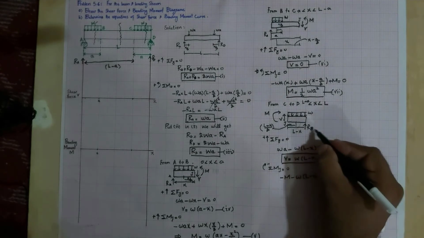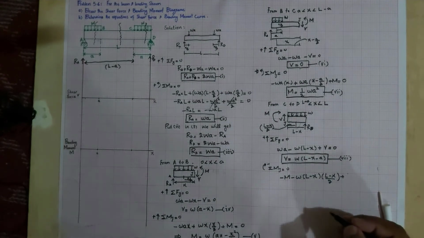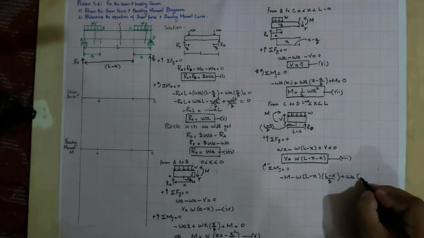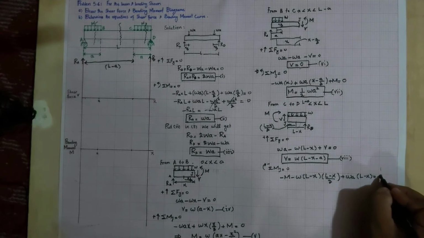Plus this RD force, which is producing a counterclockwise rotation. RD is equal to WA and the perpendicular distance is L minus X. Their sum is equal to 0.